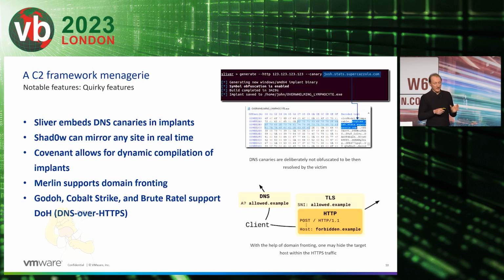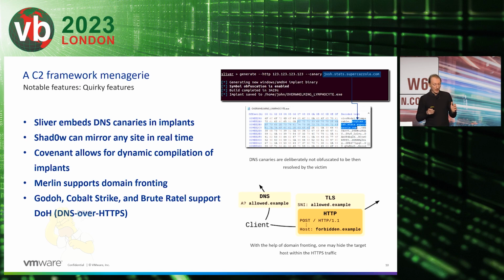So basically, the implant running on the system is very tiny, and in order to execute something, it compiles everything on the host and then sends the package to the implant. Merlin supports domain fronting, and Godot, Cobalt Strike, and BroodRatel support DNS over HTTPS.